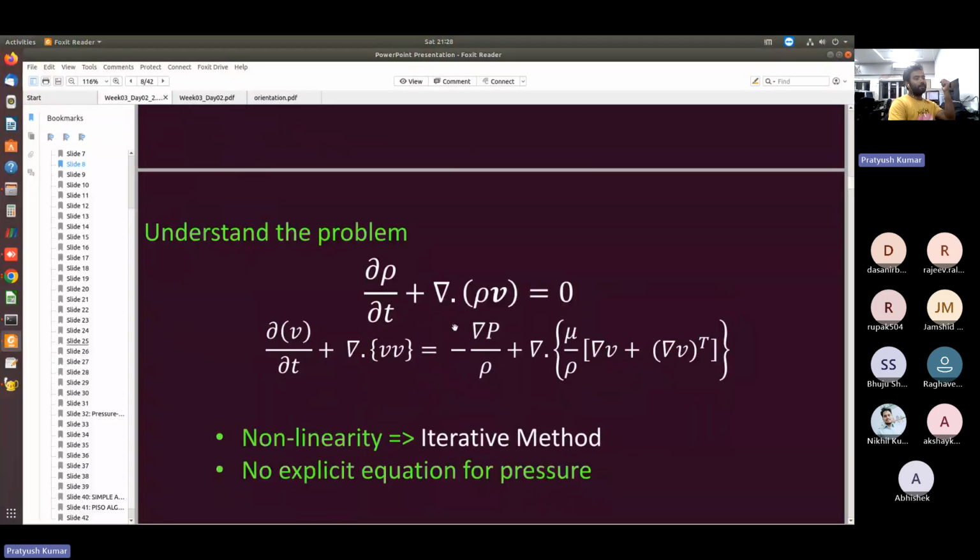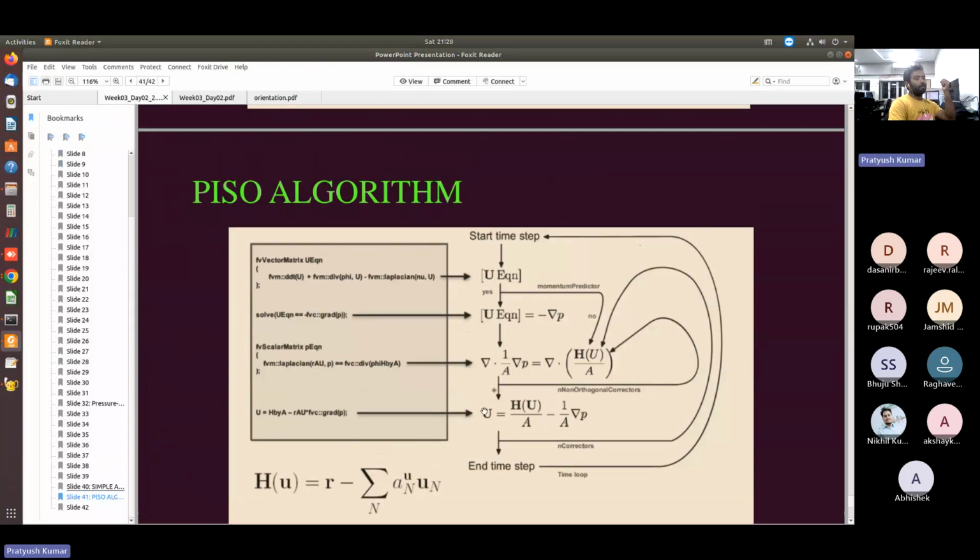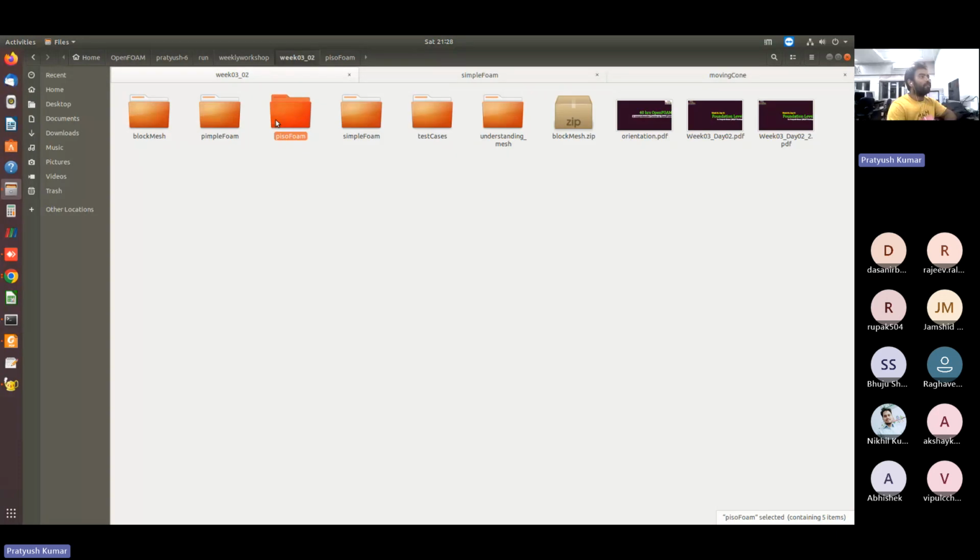If I show you the slide, this is what I said: it is going to solve for the non-orthogonal correction. So if your mesh has some non-orthogonality issue, then this is going to iterate here. Can you maybe show the implementation file? So I am opening this PISO solver.